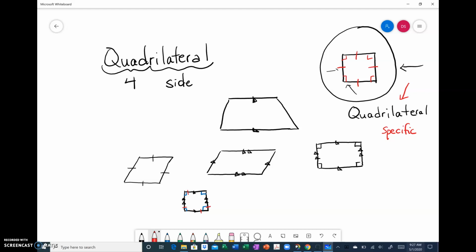You would also be wrong, but I wouldn't take off all the points if you called it a rectangle, because a rectangle doesn't have to have four congruent sides. In fact, you wouldn't call it a rectangle when it has four congruent sides. So you would have to call it a square to get the most specific answer. Okay, I'll refer back to that as we're going through this.